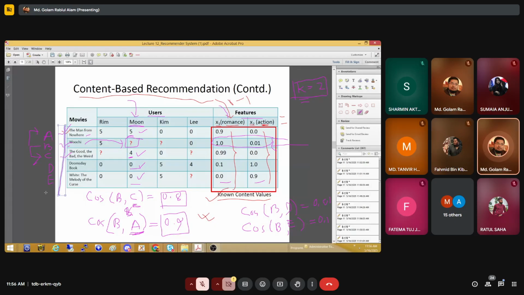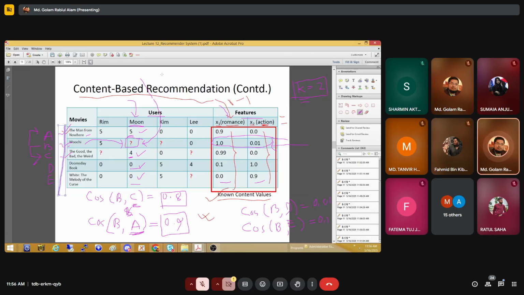So now we want to find the rating of Uchi. We want to predict the rating here. The rating can be the average value of these two.